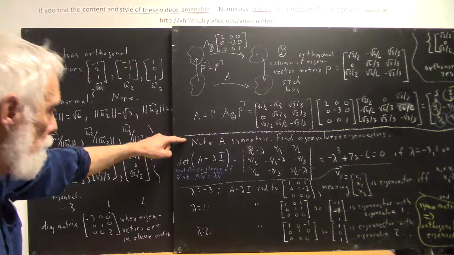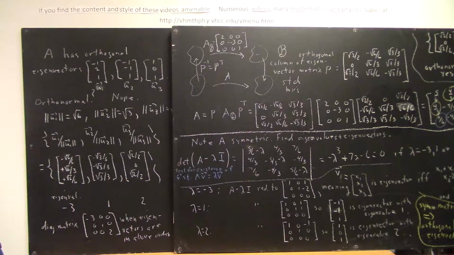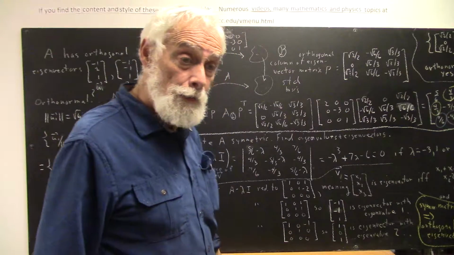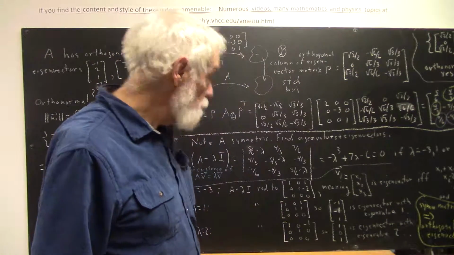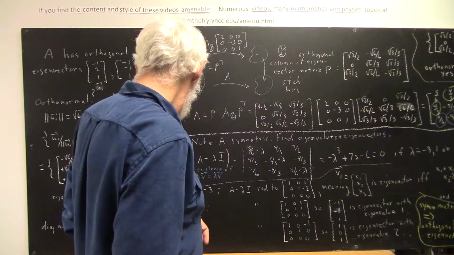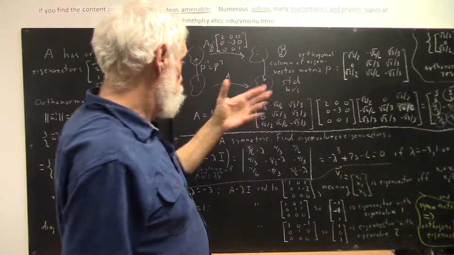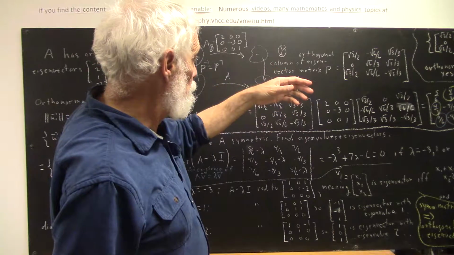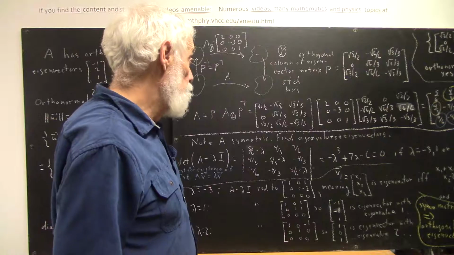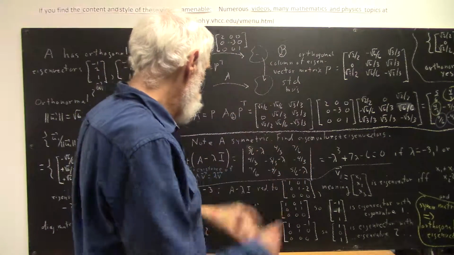Okay, now from here to here is your diagonalization. This column of eigenvectors matrix relates the orthonormal basis representation to the standard basis representation in a way that hopefully you understand.